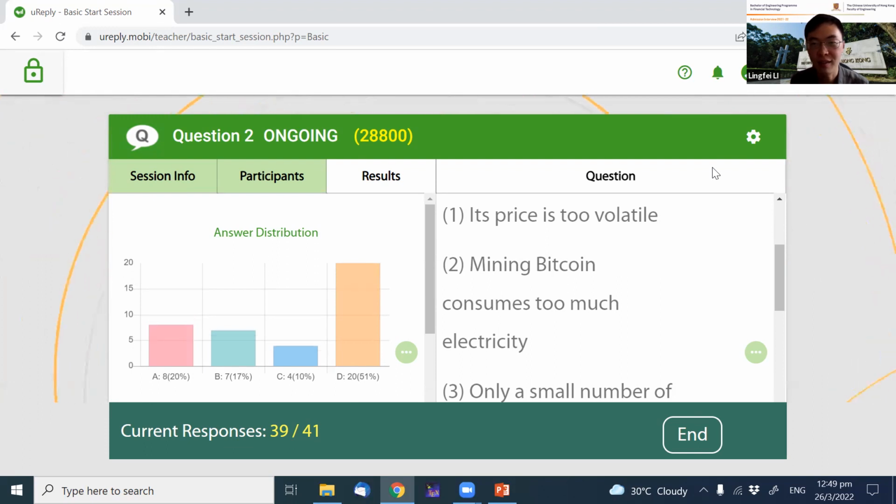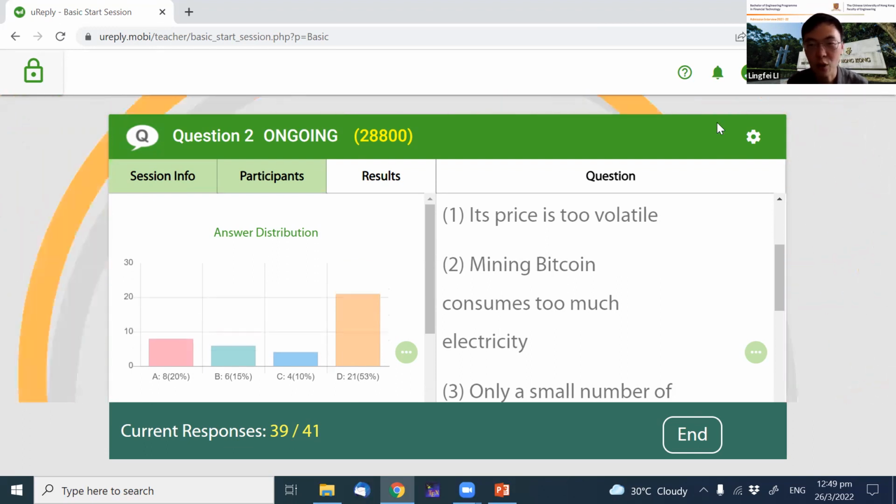Then you're going to lose 20% from that. This could happen. The daily swings could be huge. So number one is definitely a big problem for Bitcoin to become real money.